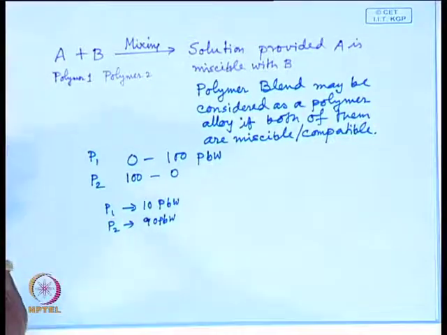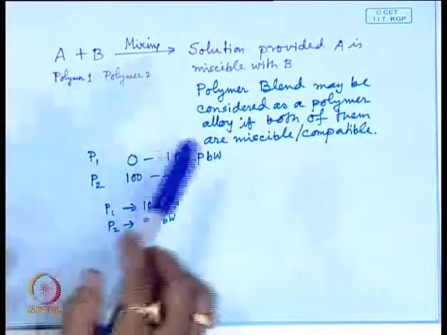So, this is the concept of how to know that one polymer will be miscible with another polymer, or one polymer can be dissolved in a solvent, or one solvent can be a good solvent for one polymer and vice versa.